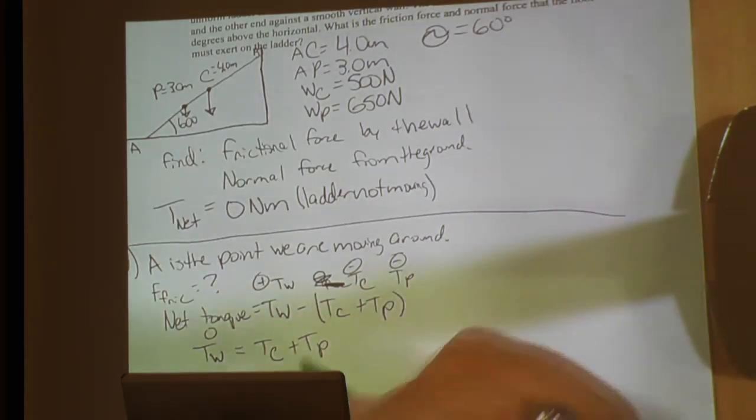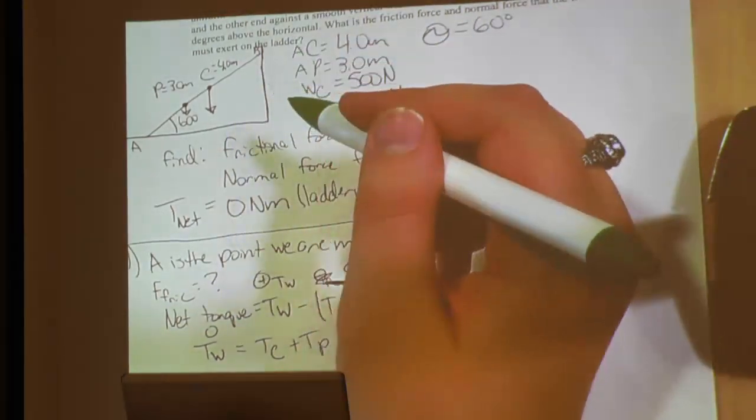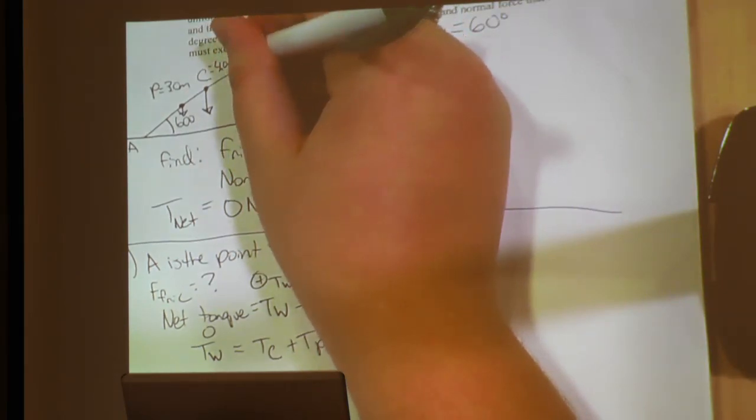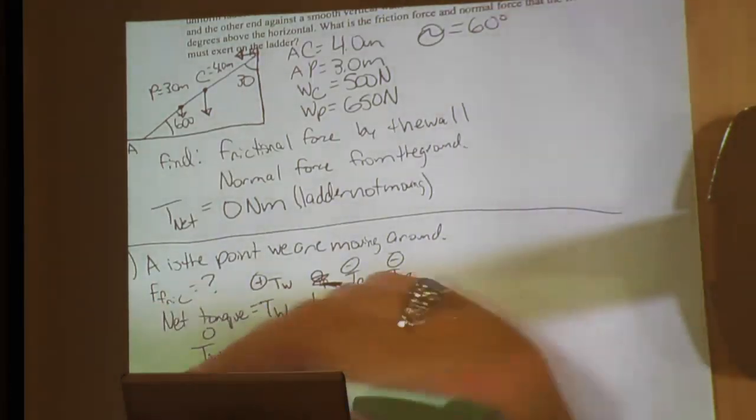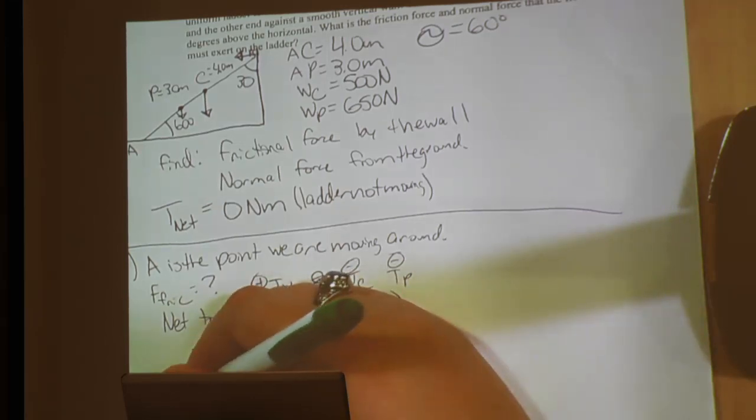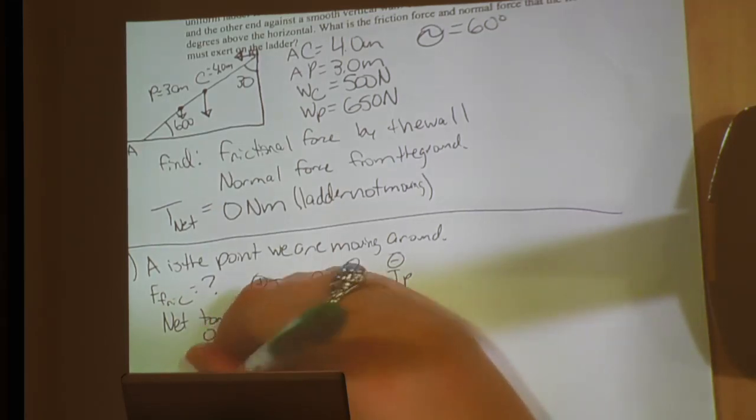multiplied by the angle. So what is going to be the angle by the wall? We said that this is 60 degrees, which means that this is 30 degrees. We're trying to find the friction being created by the wall. How could we solve for that? This one is a little bit weird. It's actually going to be cosine 30 instead of based off of this angle.